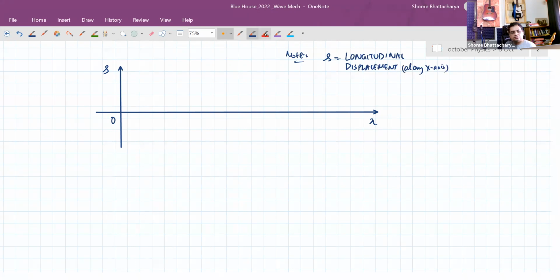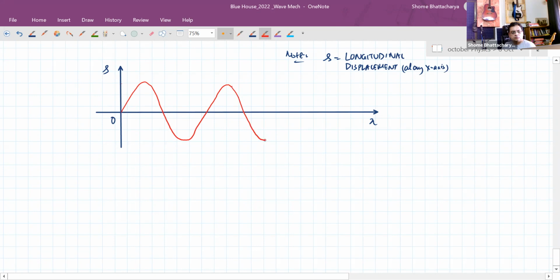So suppose that graph at a certain instant of time is looking like this. So we take that to be a sine curve.